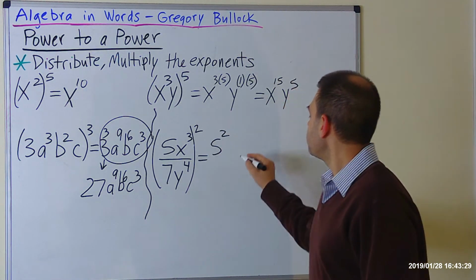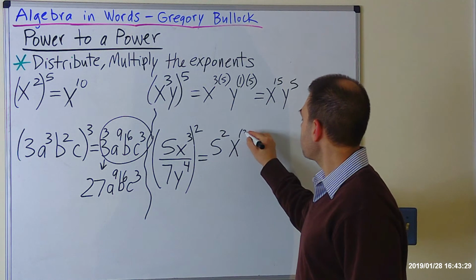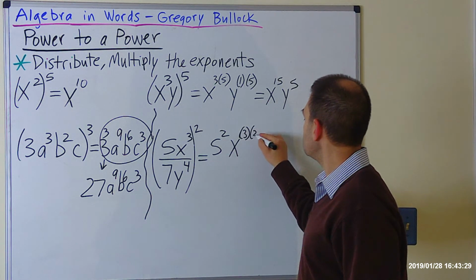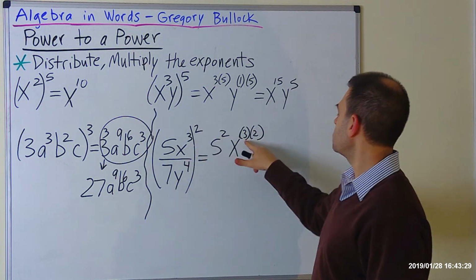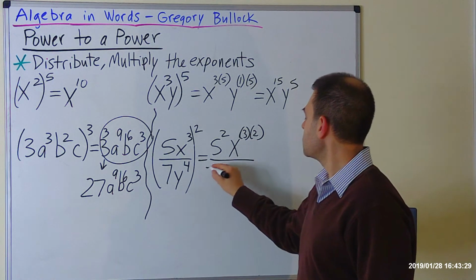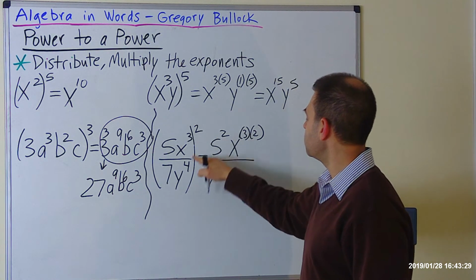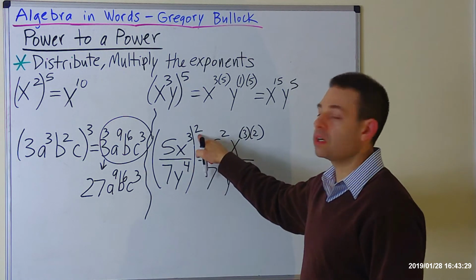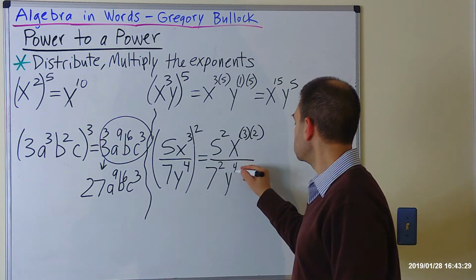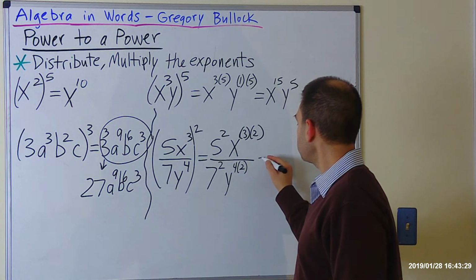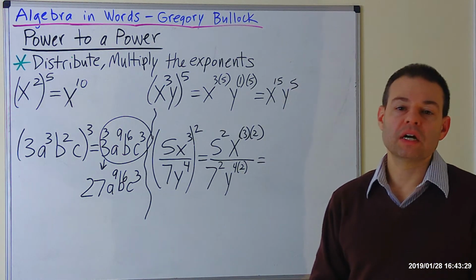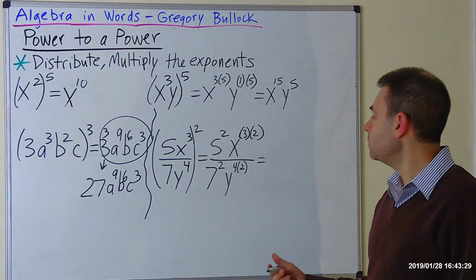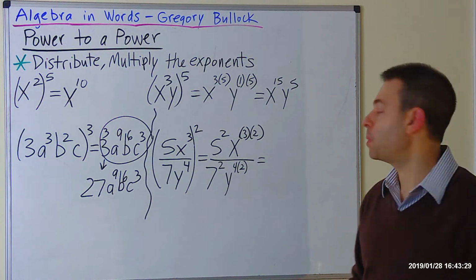5 squared, and then x to the 3 times 2, this 3 and this 2, over 7 to the power of 2, and then y to the 4 times 2. And we're almost done. Let's just wrap this up by multiplying wherever we can in the exponents.